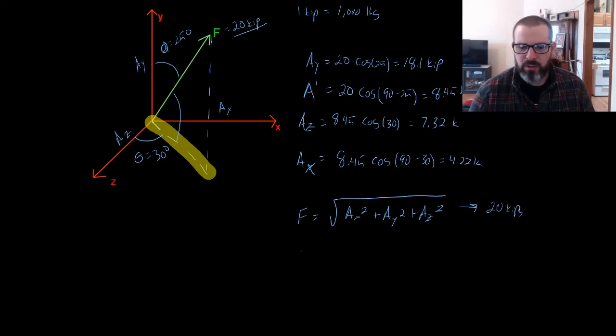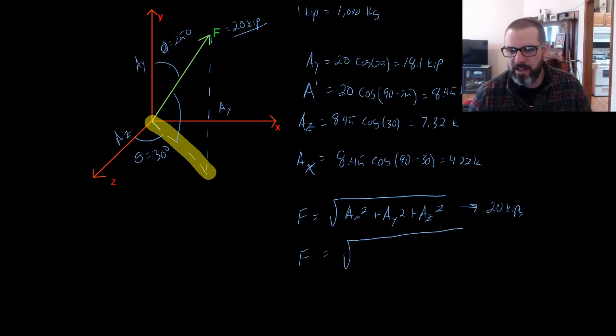So if I do this, I find that I have 18.1 squared plus 7.32 squared plus 4.22 squared.